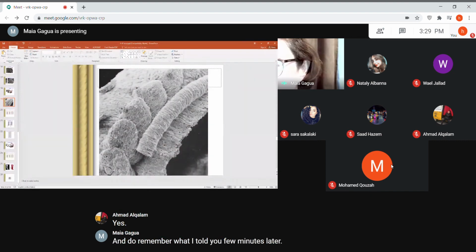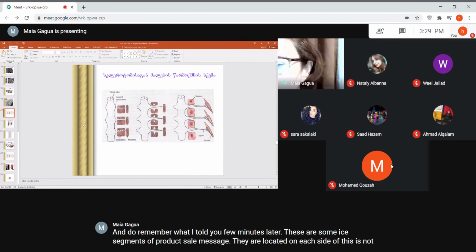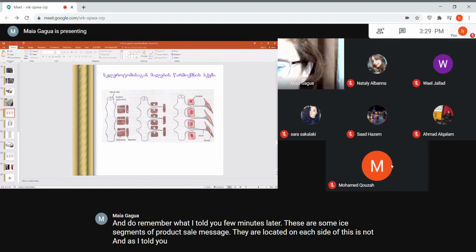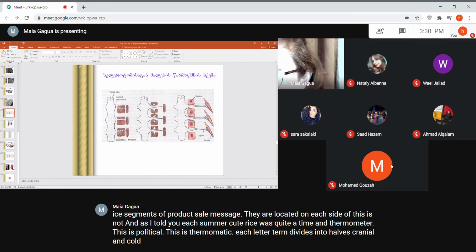And do you remember what I told you a few minutes ago? These are some segments of paraxial mesoderm. They are located on each side of notochord. This is notochord. And as I told you, each somite gives rise to sclerotome and dermomyotome. This is sclerotome, this is dermomyotome. Each sclerotome divides into halves, cranial and caudal. Now look here how each vertebra is formed.